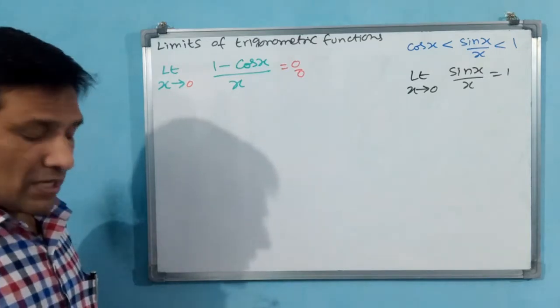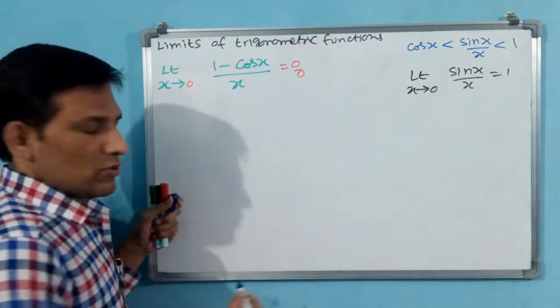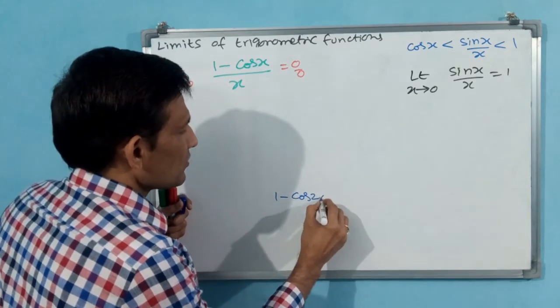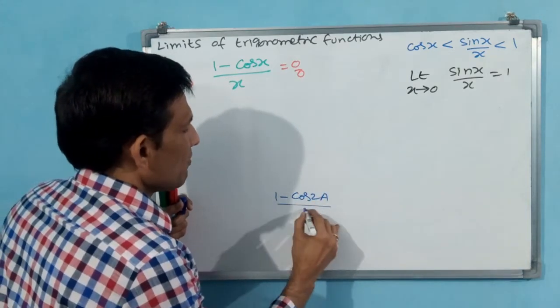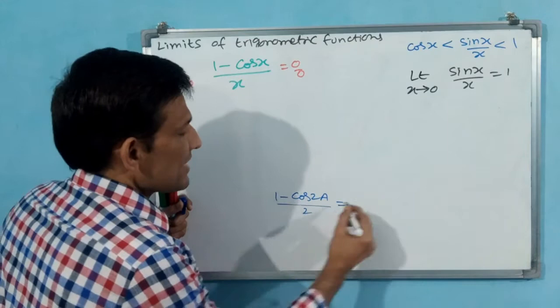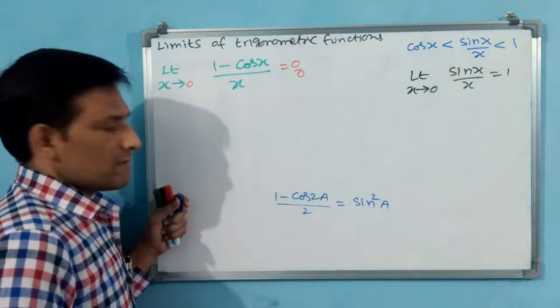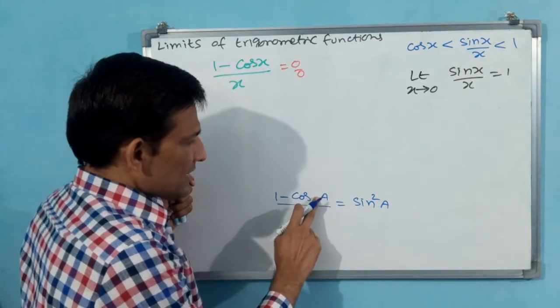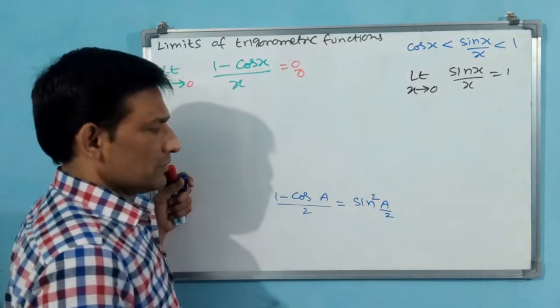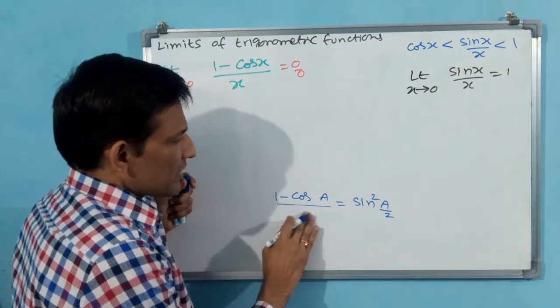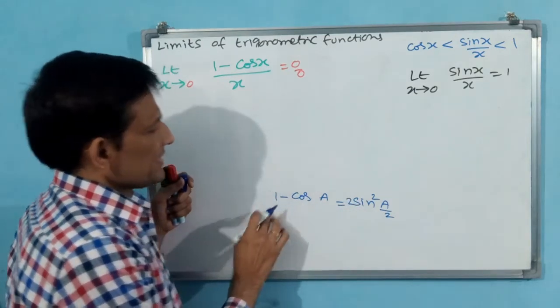Okay. See, fundamentally we know this formula. 1 minus cos 2a by 2 is equal to sin square a. Okay. If 2 is not there, then here a by 2. This 2 we can send to this side. Is it okay?